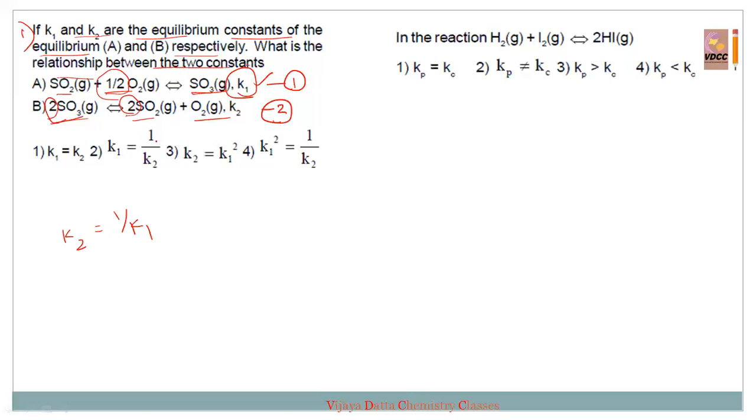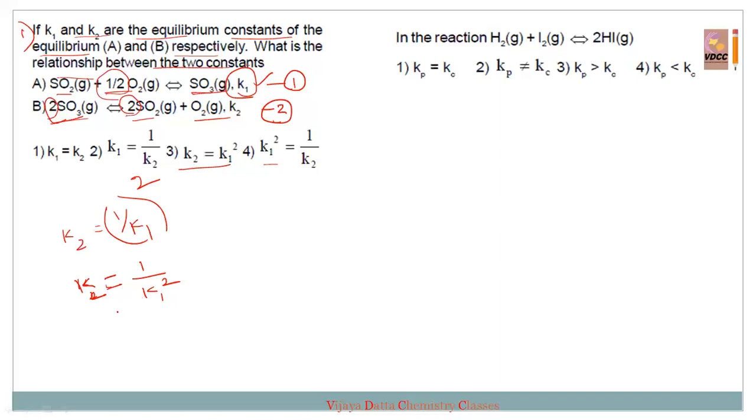So simply what we have to do, we have to take the power of that as 2. So K2 is equal to 1 by K1 square. Just check, do you have this in the options or not? K2 is equal to 1 by K1 square. Yeah, this is correct only.